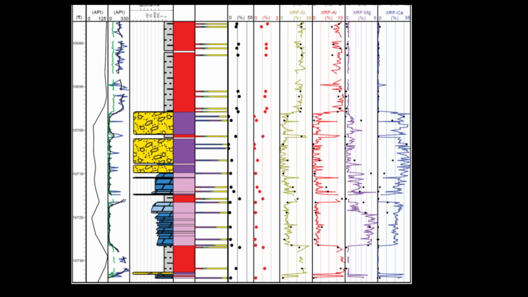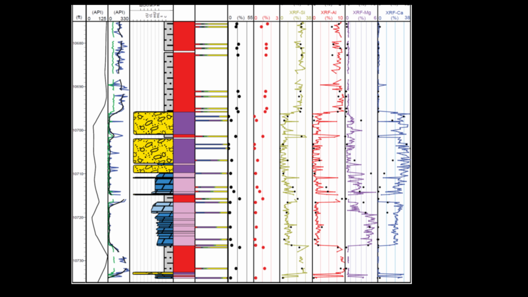Here on the core description we say about 5 percent maybe of clay in this interval, then another little layer of mudstone, some more carbonate beds, and then a carbonate debris flow that we interpret was about 15 feet thick, and then capped by 25 feet of siliciclastic mudstone.